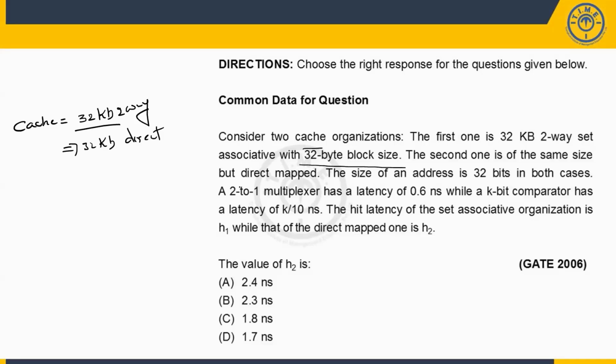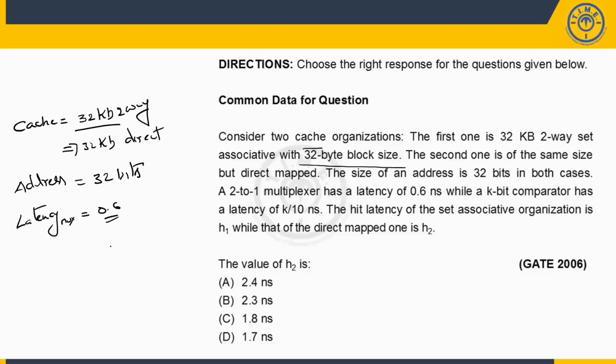The size of an address is 32 bits. A 2x1 multiplexer has a latency of 0.6 nanoseconds. Latency of mux is equal to 0.6 nanoseconds.